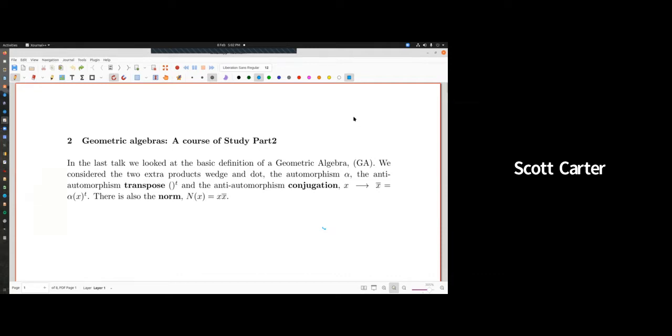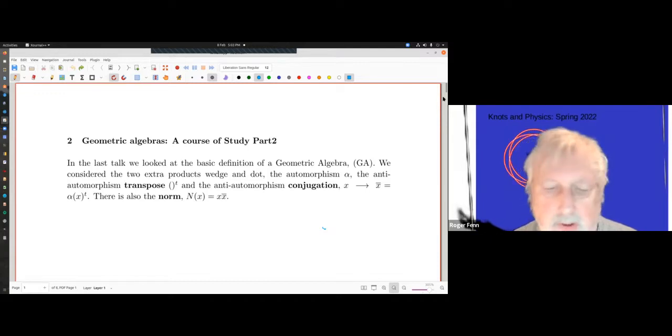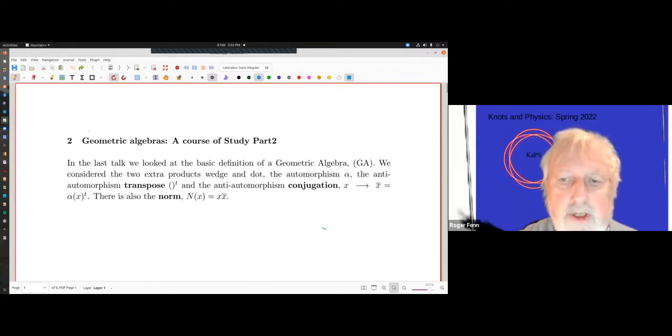Okay. So we looked at the definition of a geometric algebra last time.